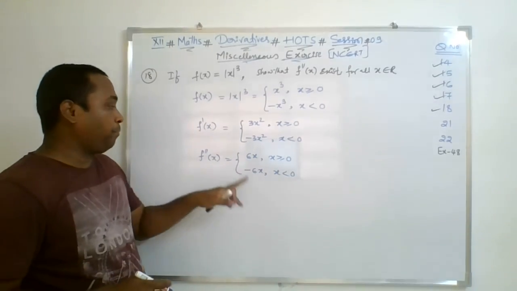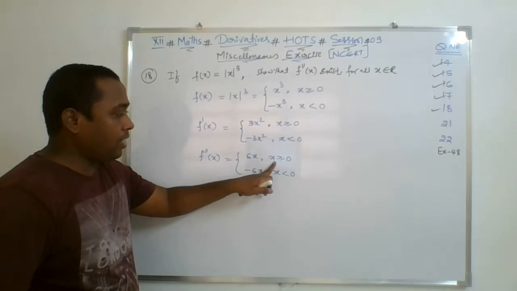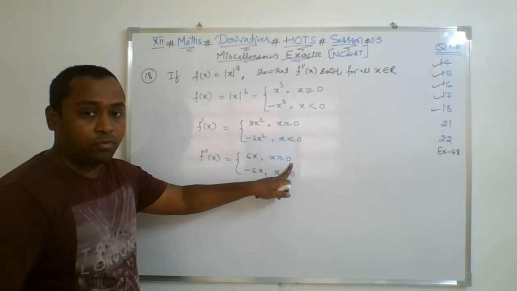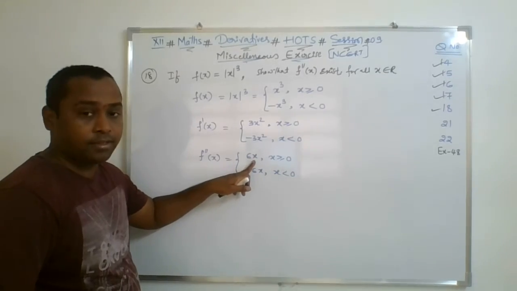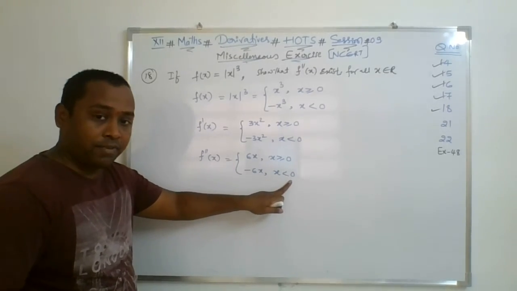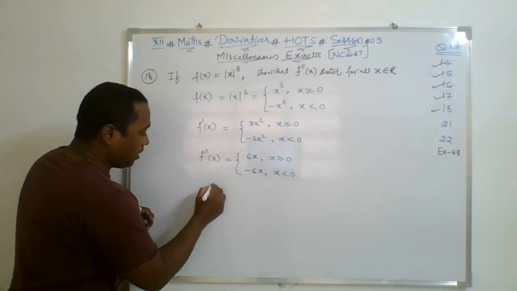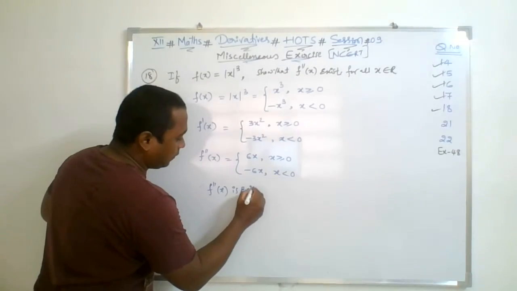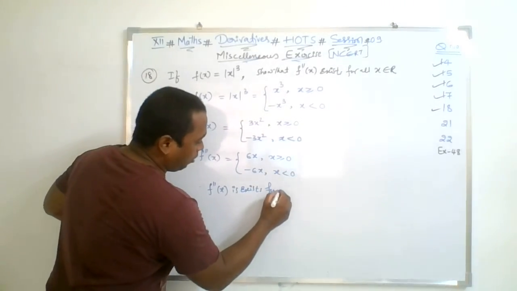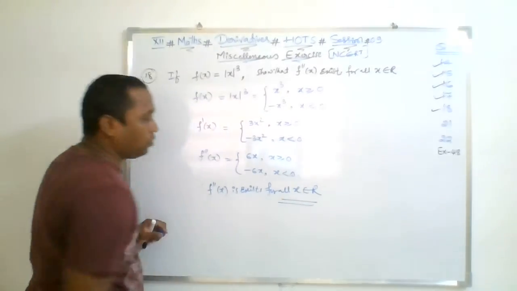Now you would say the double derivative exists where x is greater than or equal to 0, that is for every positive real number the answer exists, and for every negative real number it also exists. So you would say here f''(x) exists for all x belonging to real numbers, hence proved.